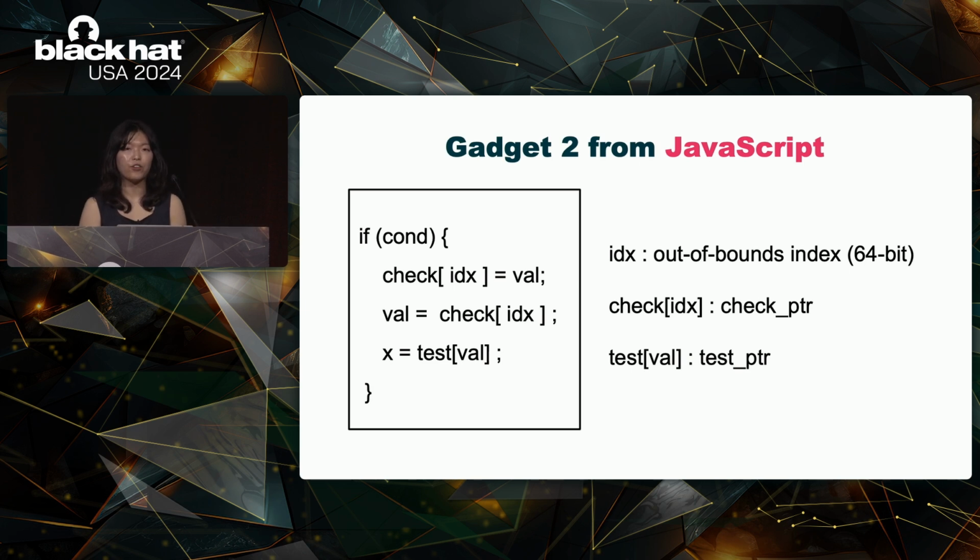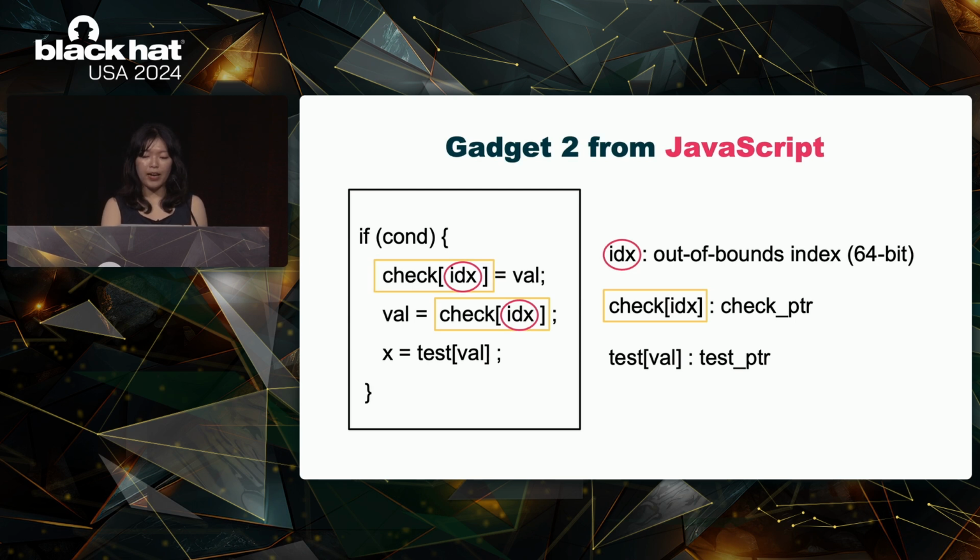So this is our gadget number 2 created using JavaScript. Since this is JavaScript code, the attacker can provide anything, including the code, arrays, and indexes. First, the attacker prepares a 64-bit out-of-bounds index, and a check array is accessed with this index so that it can represent the attacker-controlled check pointer.